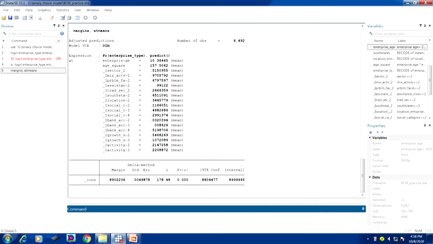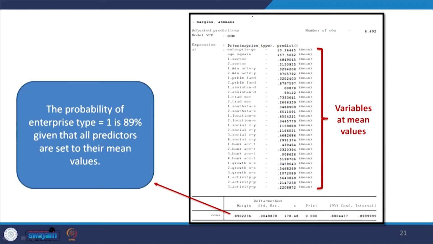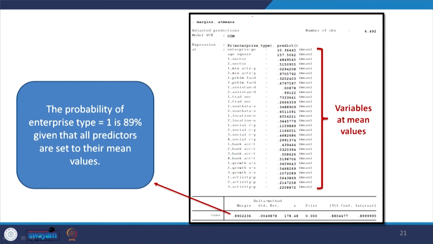Now, at the means, the margin at its average value is derived. I am going to discuss it. So, 0.89 is very important, and the predicted values of each of these entries are also equally important for our interpretation. Now, here the probability of the enterprise with code 1, that is the necessity enterprise, is 89, that is 89%, given that all the predictors are set to their mean values.